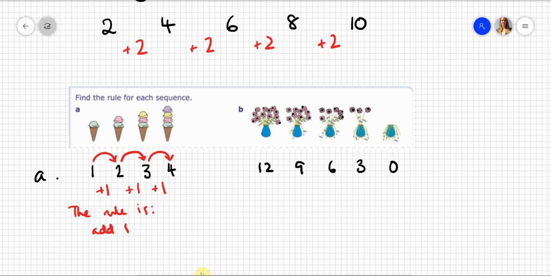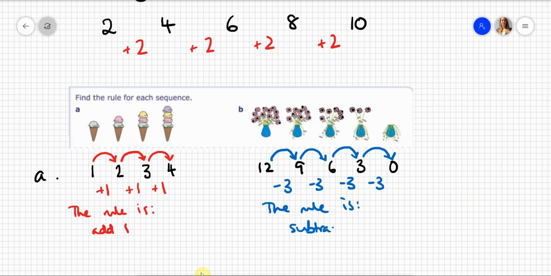So what's happening each time? We're subtracting 3. Go from 12 to 9, that is subtract 3. 9 to 6, that is subtract 3. Subtract 3, subtract 3. So the rule is subtract 3.